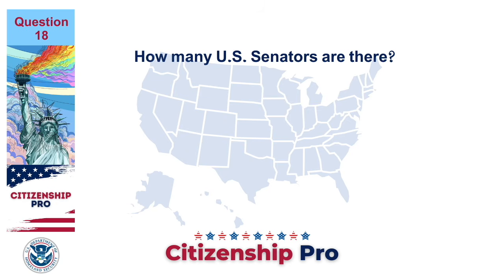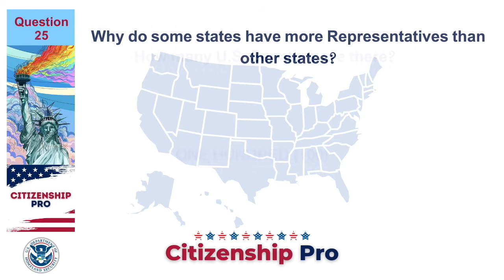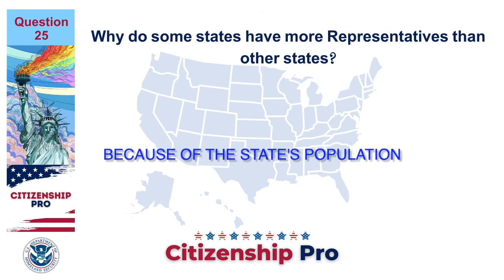How many U.S. senators are there? 100. Why do some states have more representatives than other states? Because of the state's population.